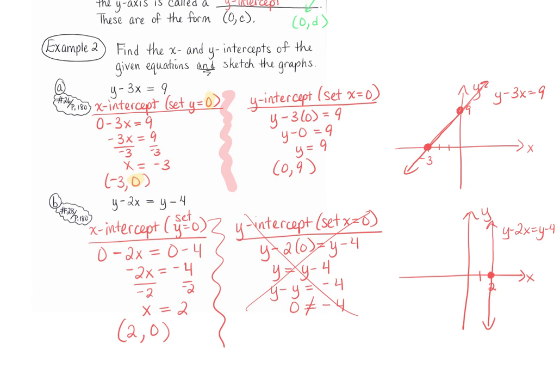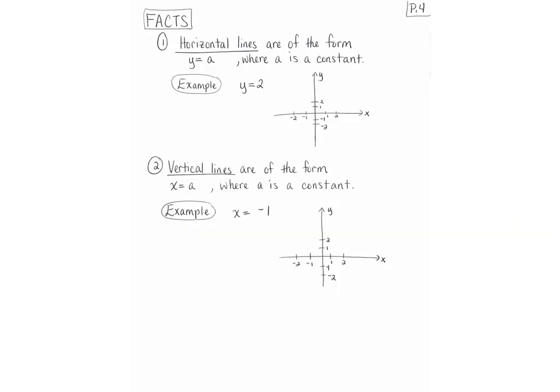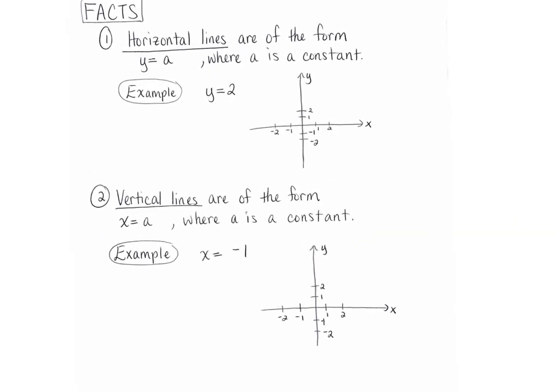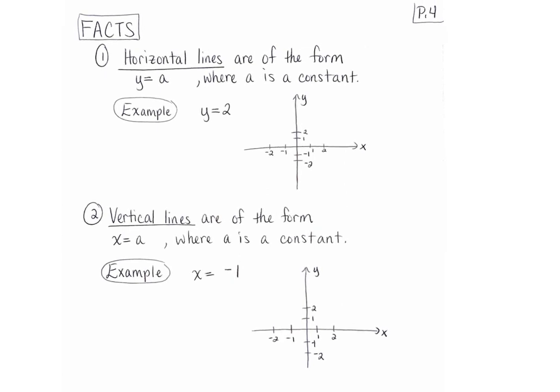So a couple of facts to end the section, which was our third goal: to talk about horizontal and vertical lines. We've already seen an example of what a vertical line would be. Let's talk about the other form as well. Horizontal lines are of the form y equals a, where a is a constant.